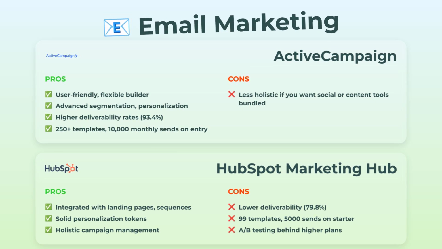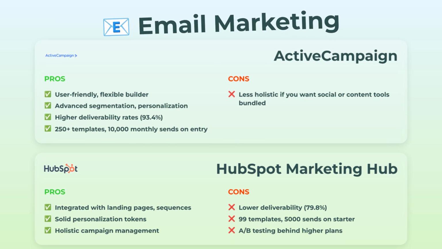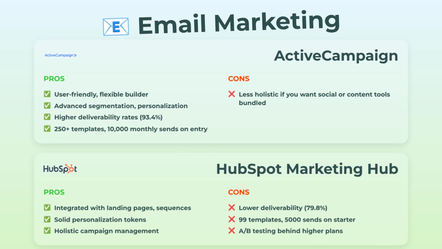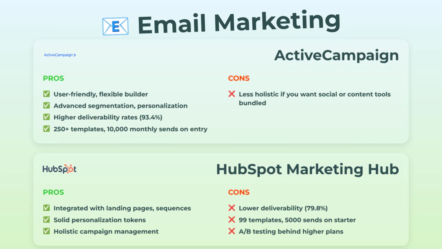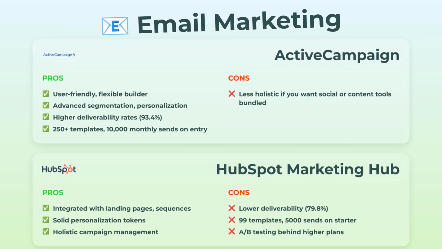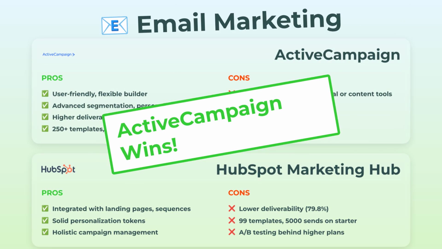On HubSpot, its emails are integrated with landing pages and nurture sequences. Personalization's solid. Campaign management, too. But deliverability? Only about 80%. Plus, only 99 templates, and half the monthly sends for starters. And you need pricier plans for A/B testing. So for emails, I gotta go with ActiveCampaign.